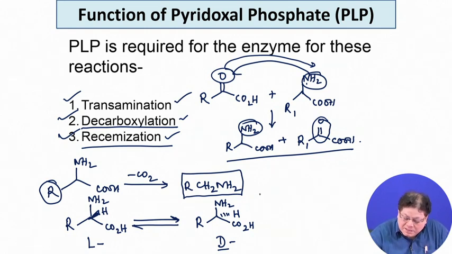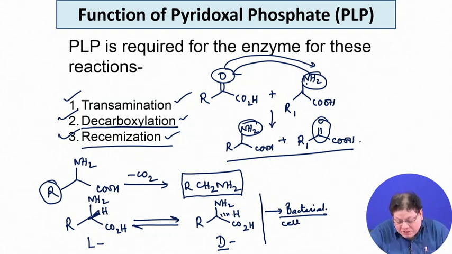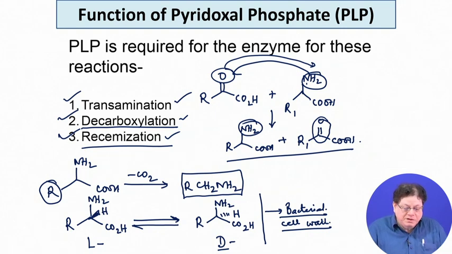Now, D amino acids are important in the formation of the bacterial cell wall. The bacterial cell wall requires a D amino acid like D alanine as a building block. So, this is very important for survival of bacteria.